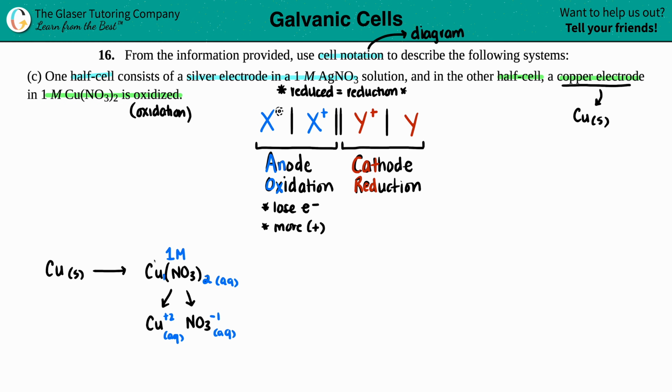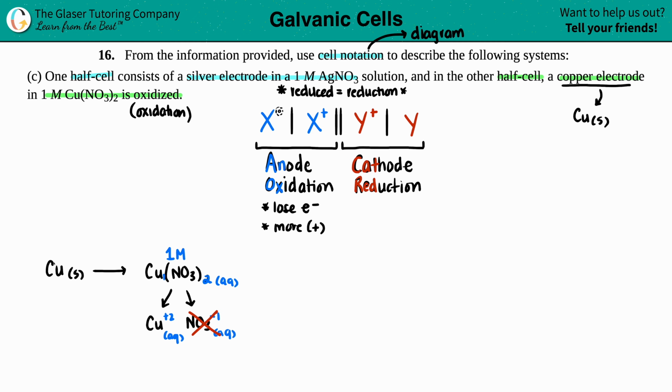So I have 1 molarity for the copper, and since I have 2 nitrates, I technically would have 2 molarity for the NO3. But remember, for your cell schematic, you only care about the things that are changing in oxidation state. Nitrate is always going to be a nitrate. It's never going to lose electrons, never going to gain electrons, so goodbye in this case.